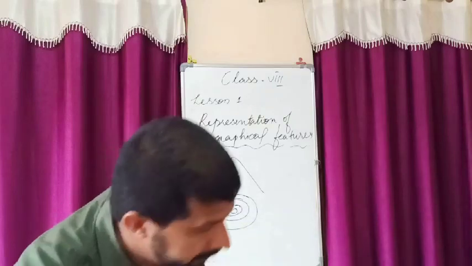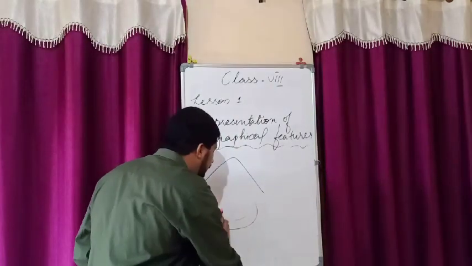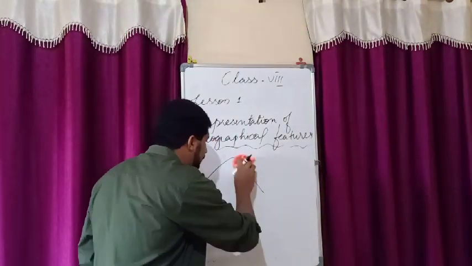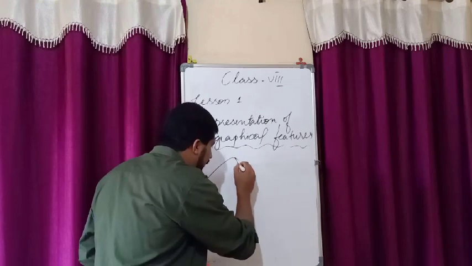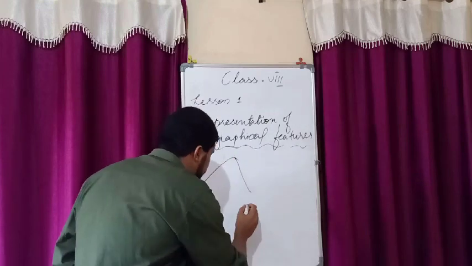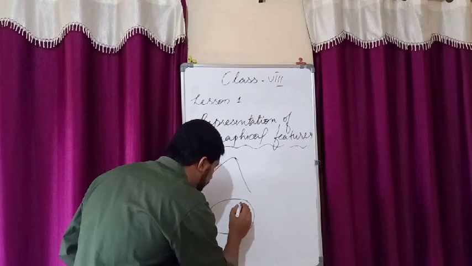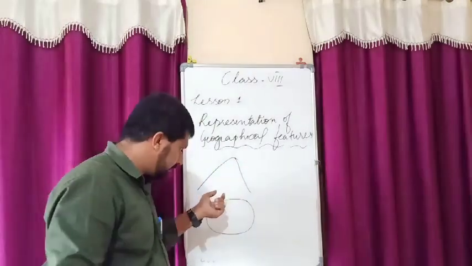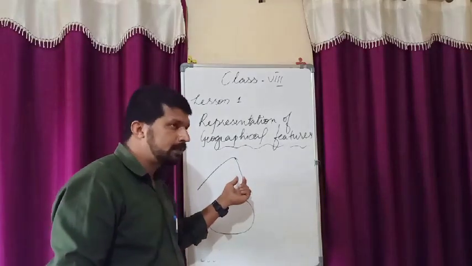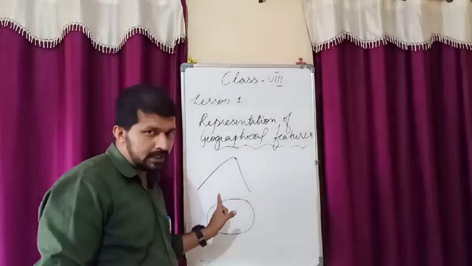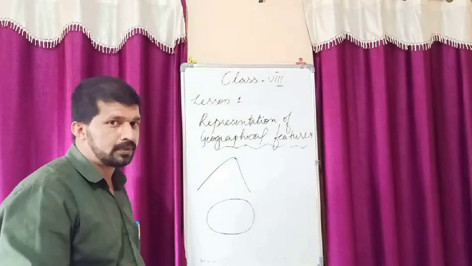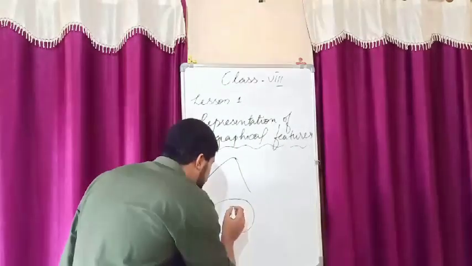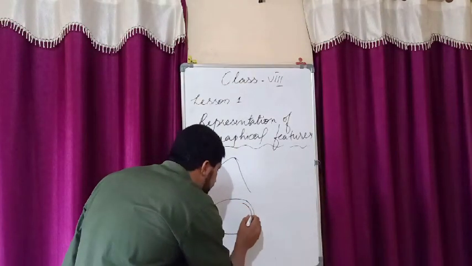Even if a hill has gentle slopes on one side and steep slopes on another side, it can be represented in a different method. We said that gentle slopes will be represented by widely spaced contour lines, whereas steep slopes are represented by contour lines having very less distance.